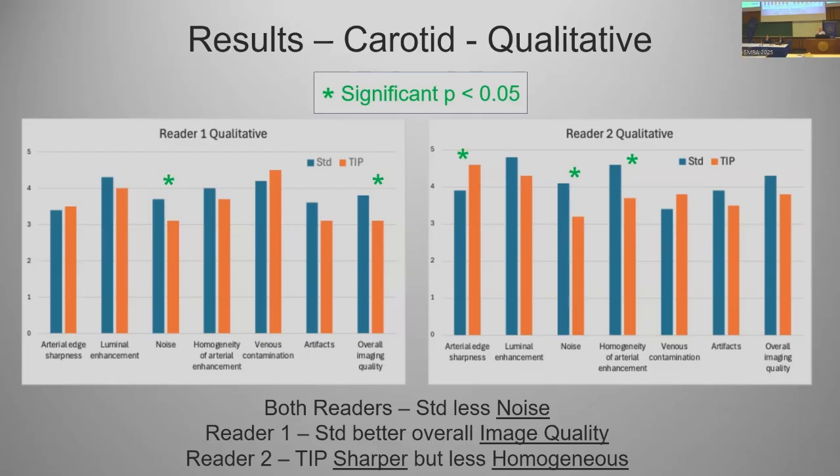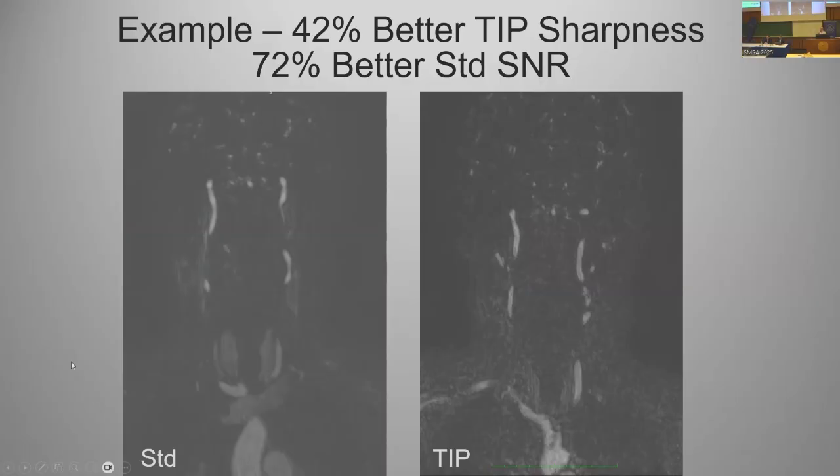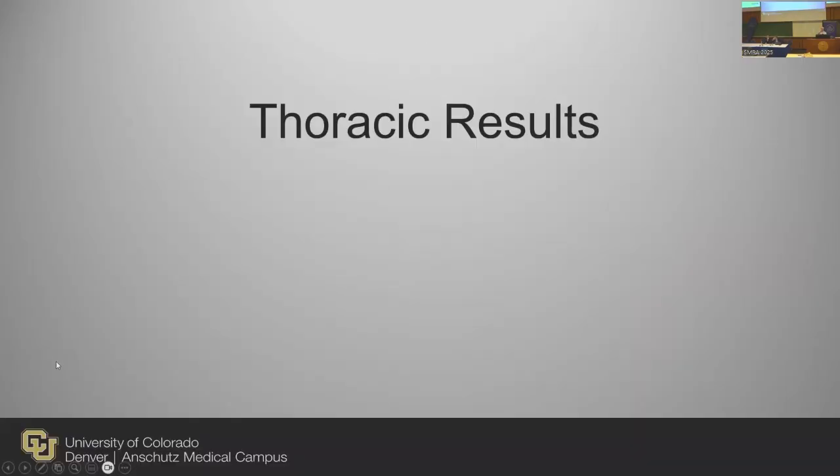Reader 2 believed the TIP was sharper but less homogeneous. And reader 1 thought the overall image quality was better not for the TIP, but for the standard study. This example shows the standard on the left and TIP on the right, which does have 42% better edge sharpness, but 72% better SNR for the standard.